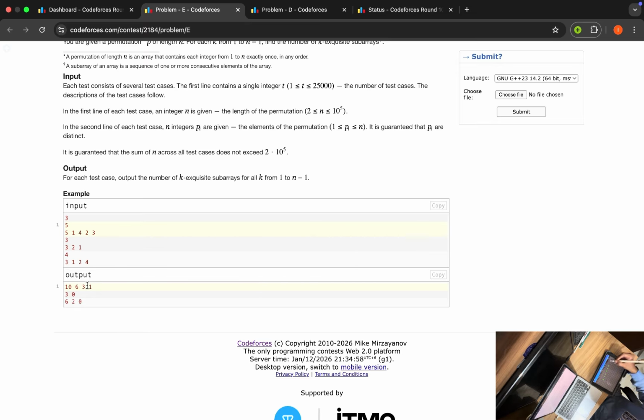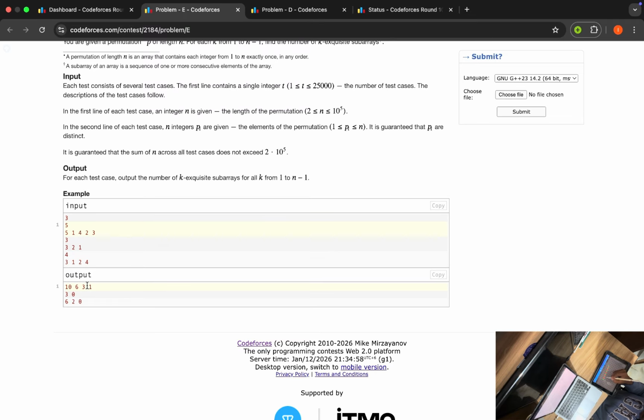Okay, so the difference is 2, 5, 4, 2, 1. So this position is always true for every single one.